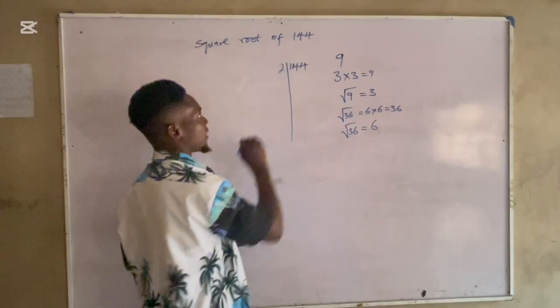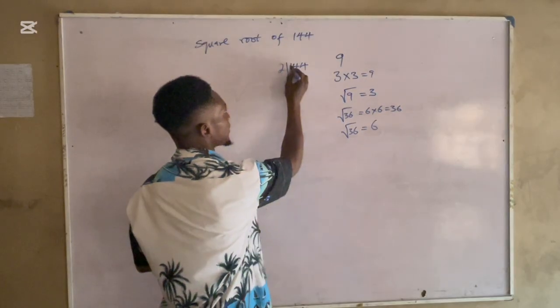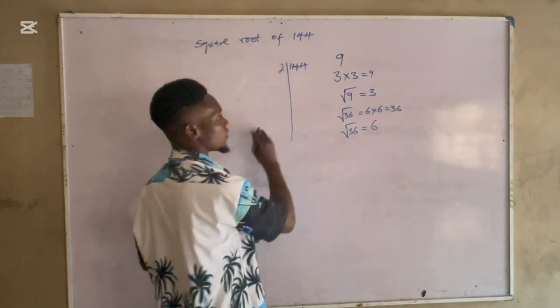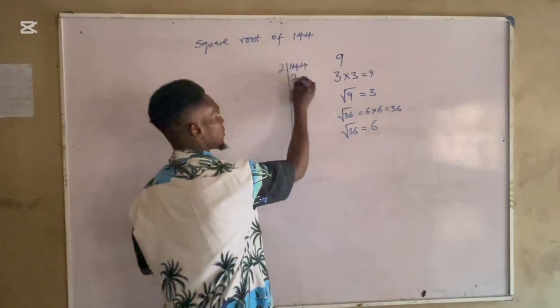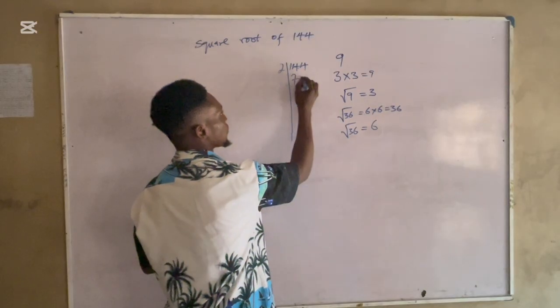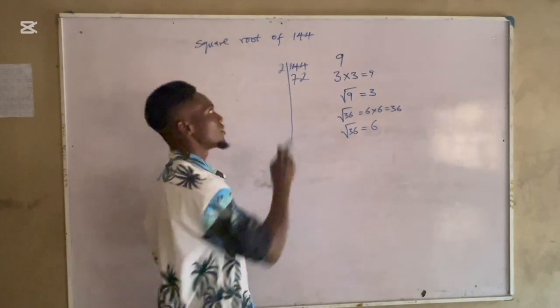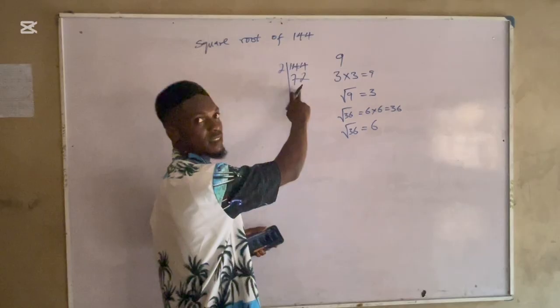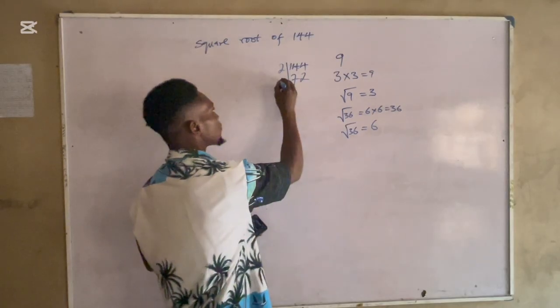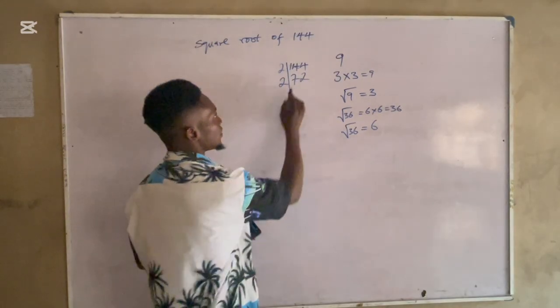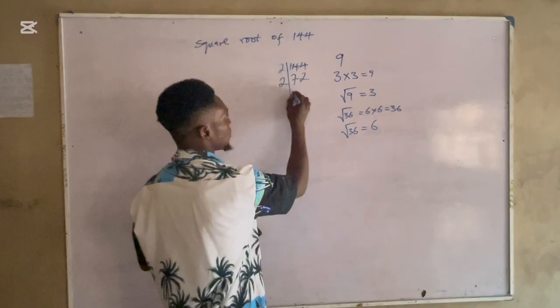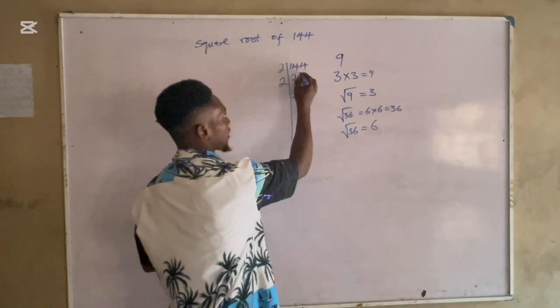So 2 can divide. Let me take 2 in 14 first. 2 into 14 will give me 7. Then 2 into 4 will give me 2. That means 2 into 144 is 72. 2 can divide again. 2 into 7 will give me 3, remainder 1.